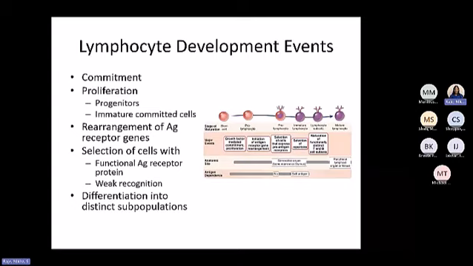The next step is that they proliferate. These stem cells that are committed to be lymphocytes proliferate as progenitors, which are called prolymphocytes, and then they become immature committed cells. Then they have to undergo rearrangement of antigen receptor genes.